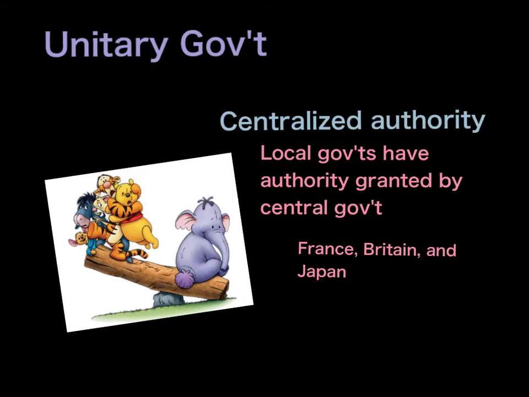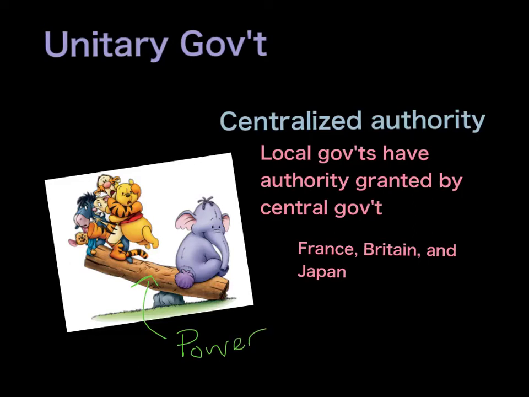Under the unitary French system, the decisions of the lower levels of government can be overruled by the national government. That's like the federal government here being allowed to tell states that they can or can't do something based on what the federal government thinks is wrong or right, not based on the Constitution. So if you think about this as an analogy of a teeter-totter, then the teeter-totter itself representing power.